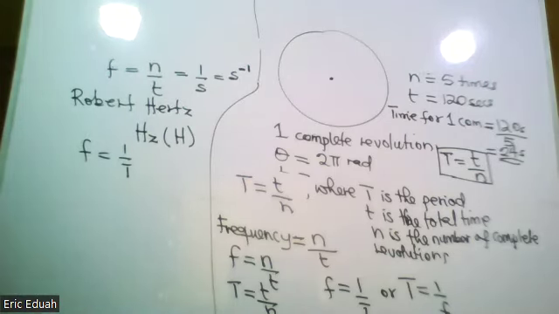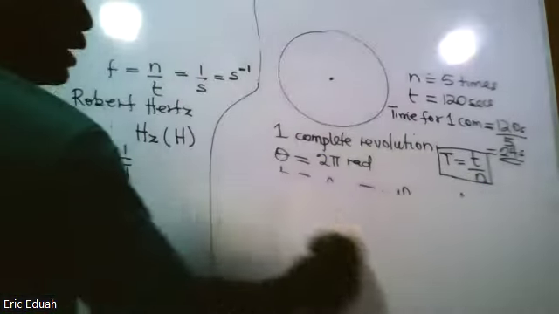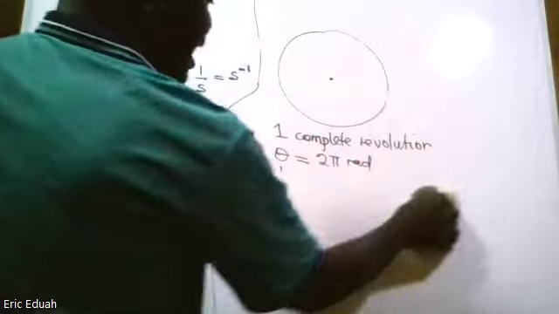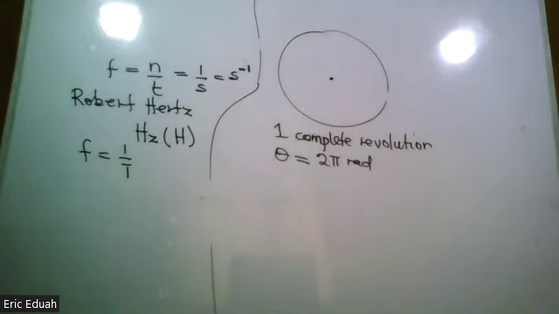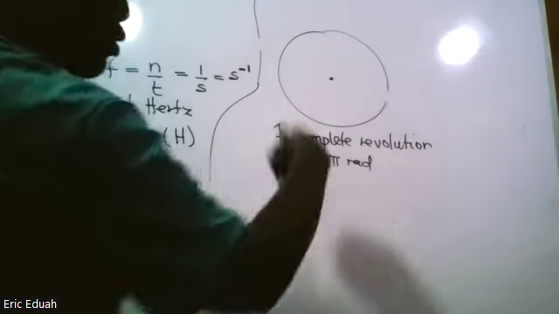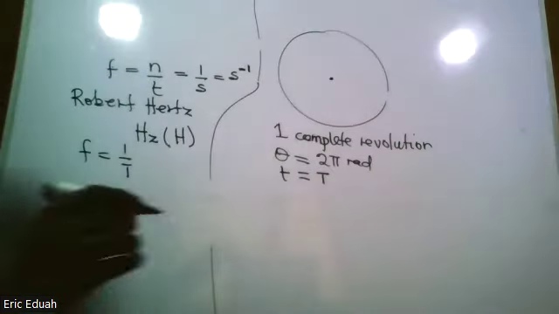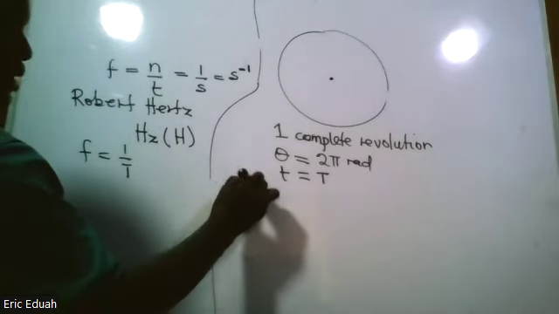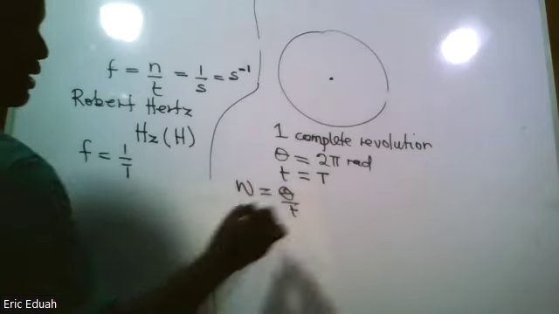Another thing to look at. When a body makes one complete revolution, the angular displacement is 2 pi radians. The time taken to make this one complete revolution is the period. If we want to determine the angular speed, we know it is equal to delta theta over t.